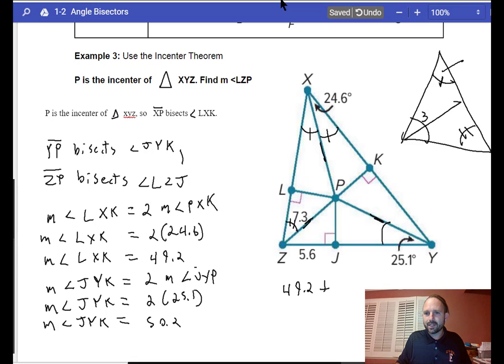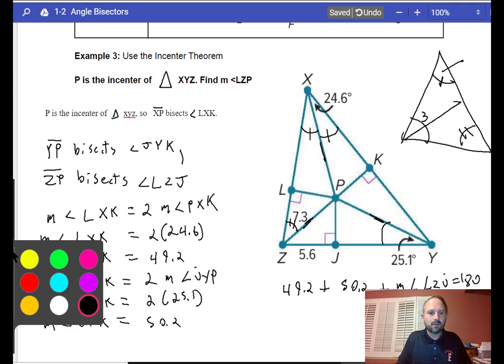So 49.2 plus 50.2 plus the measure of angle LZJ will equal 180. If we subtract this out, the measure of angle LZJ will equal 80.6. Then all we have to do is divide it by 2. When we divide it by 2, we get 40.3.